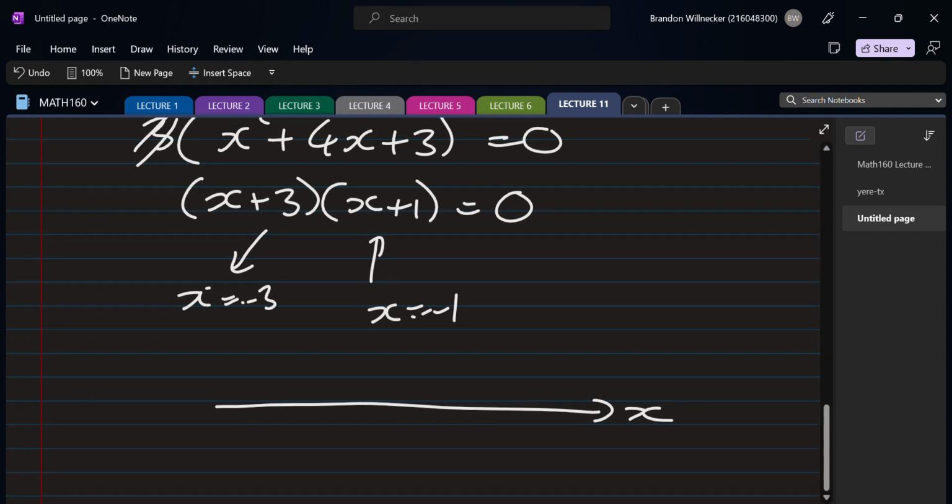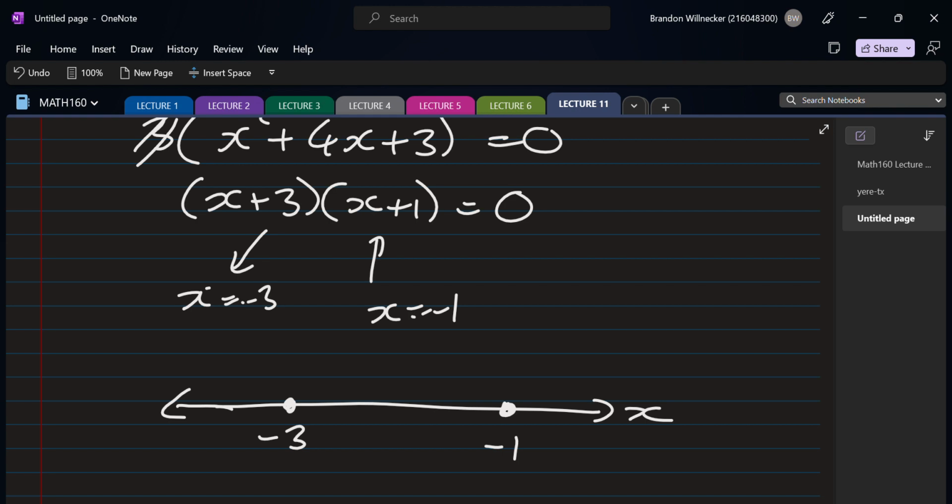So x equals -1, that's going to be somewhere here. x equals -3, that's going to be somewhere here. So now we look at these different intervals that it's created. So we look at values before -3, see what happens there. We look at values between -3 and -1, that's another interval. And then from -1 onwards, we look for values there.